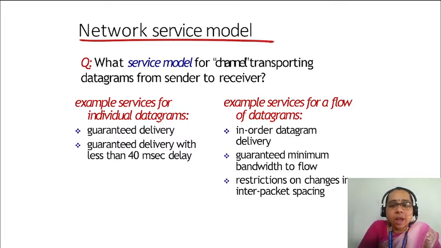Example services for a flow of datagrams are in-order datagram delivery and guaranteed minimum bandwidth to flow, with restrictions on changes in inter-packet spacing. These are the drawbacks while sending through datagrams, which is less guaranteed.